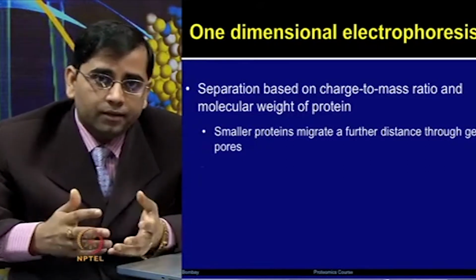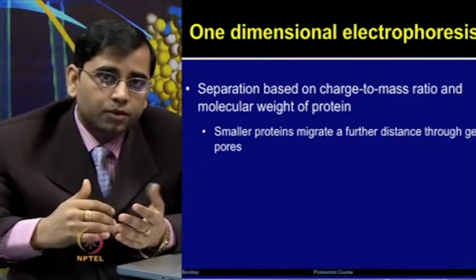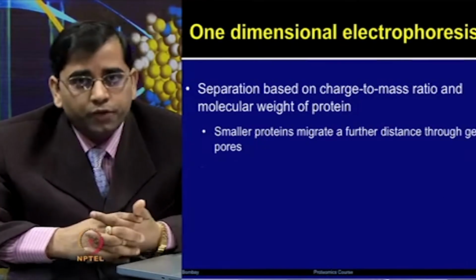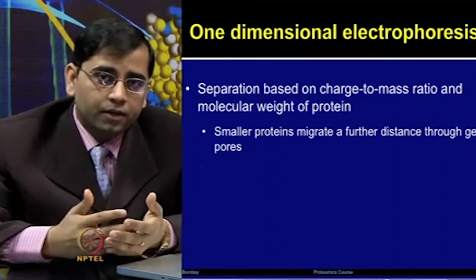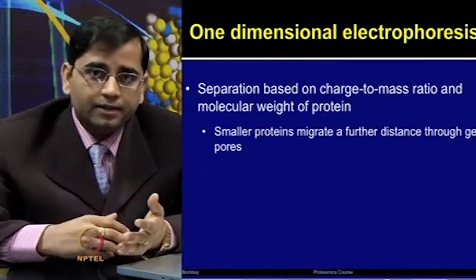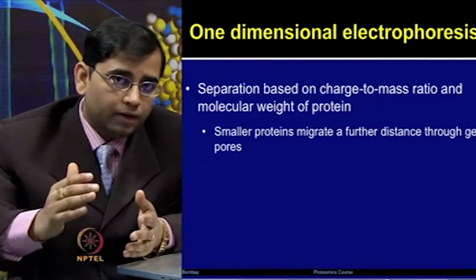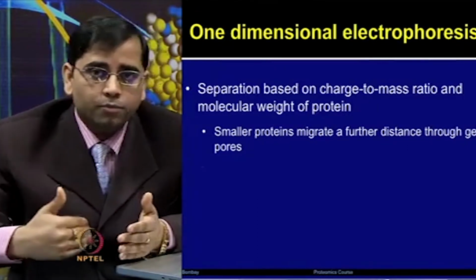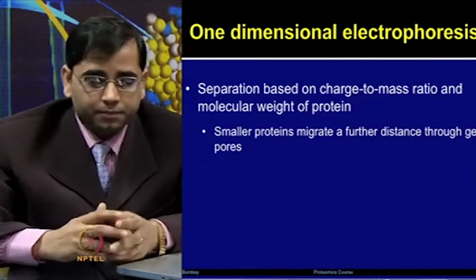If you apply standard molecular weight markers, which give you the known molecular weight of the proteins, then for a given unknown protein, you can determine the molecular weight, and it is expected that the higher molecular weight proteins will remain on the top, and the smaller molecular weight proteins will reach towards the bottom of the gel.